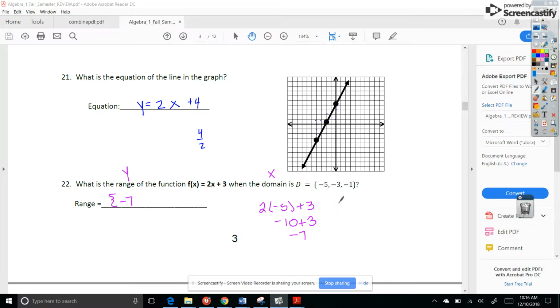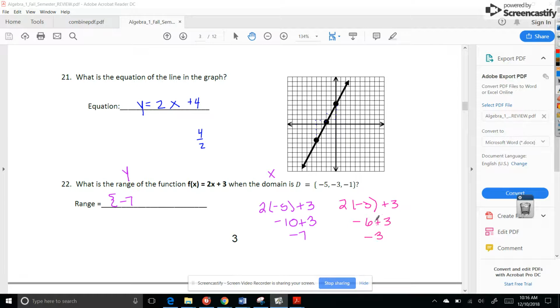Okay, what about 2 times -3 plus 3? And last, I'm going to plug in the -1. So 2 times -1 plus 3 is 1. So when the x value is -5, the y value is -7. When the x value is -3, the y value is -3. When the x value is -1, the y value is +1.